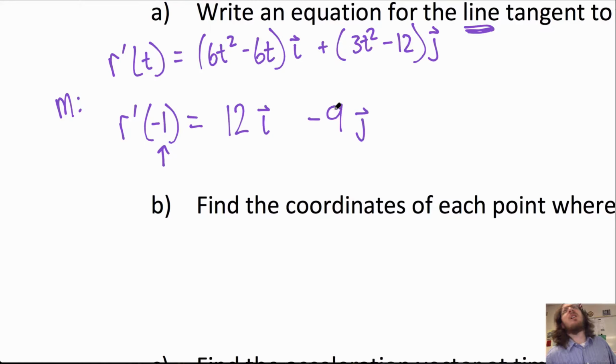Okay, so we have our derivative function, our r prime, but it's as a vector. So we don't want to plug in a vector as our slope in a linear equation. So we're going to take that, we're going to find our dy dx.